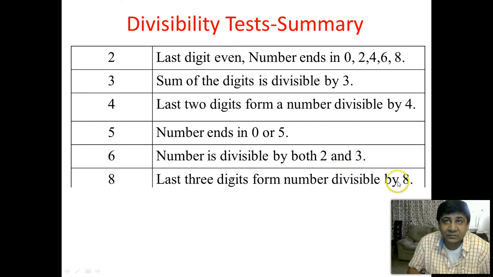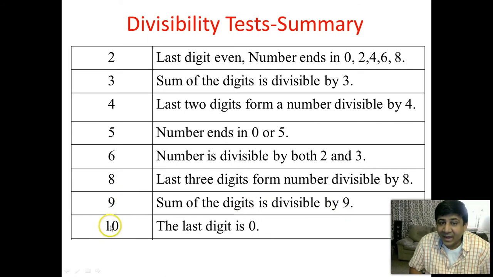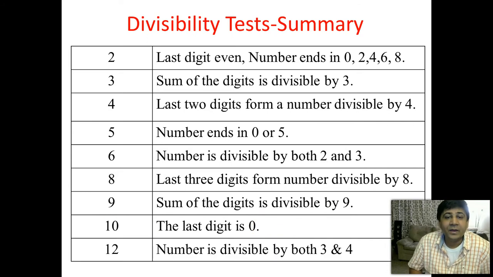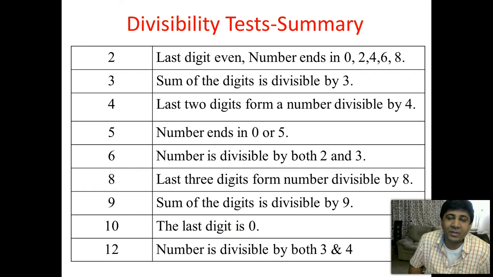A number is divisible by 9 if the sum of the digits is divisible by 9, and by 10 if the last digit is 0. That's given. And a number will be divisible by 12 if it is divisible by both 3 and 4. This list is not complete, but it narrows things down and makes our life a lot easier if we can remember it.